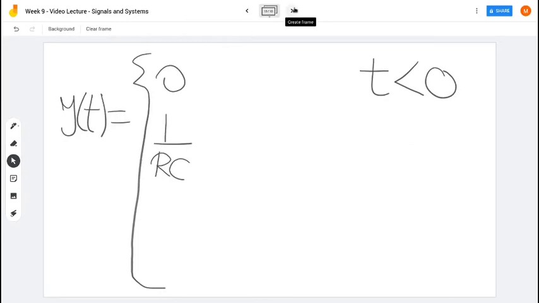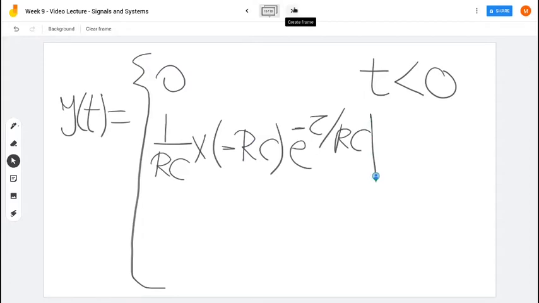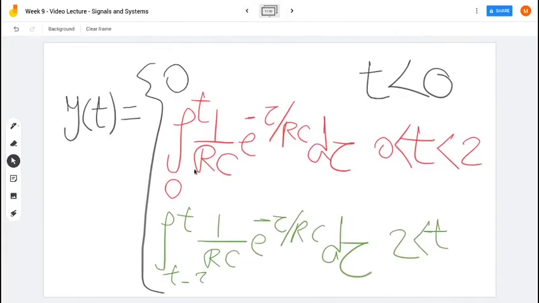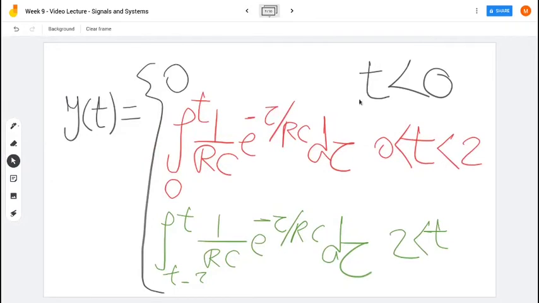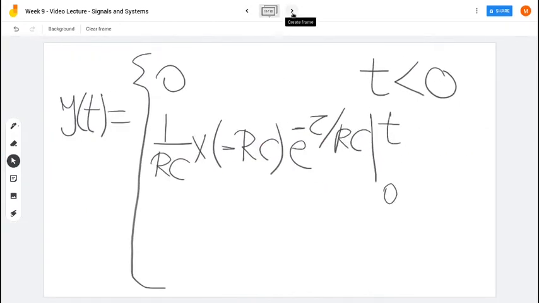So I will be multiplying this by minus RC, and then we will be having e to the negative tau over RC, and now we can put the limits, which is from 0 up to t. And of course, this will be true for t larger than 0 and less than 2.